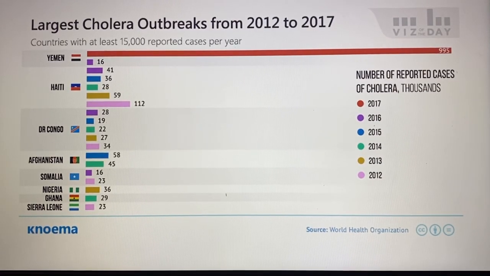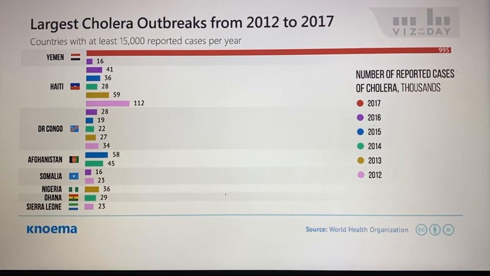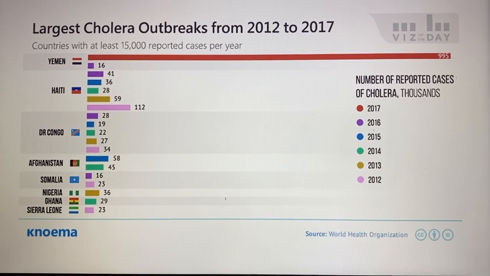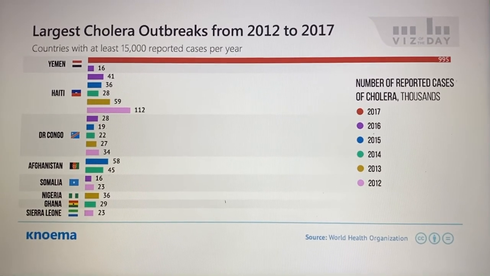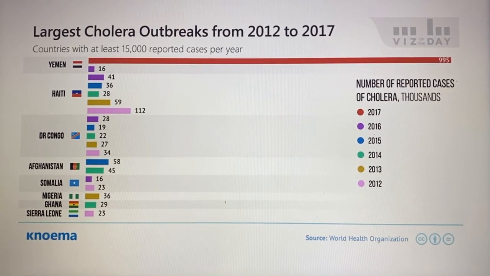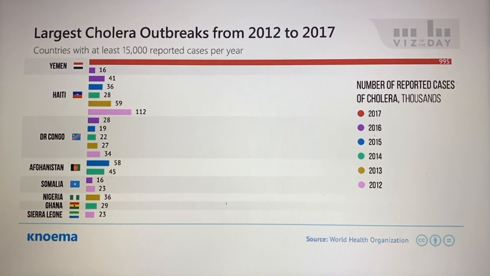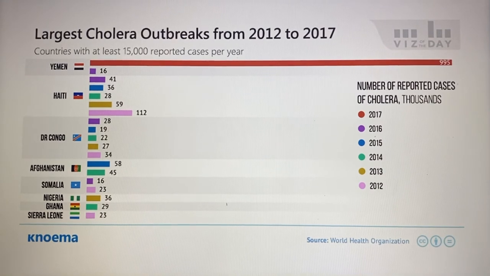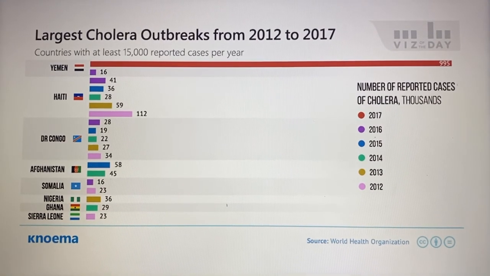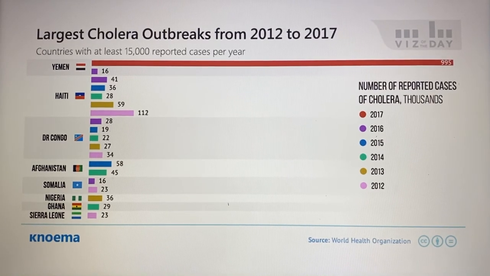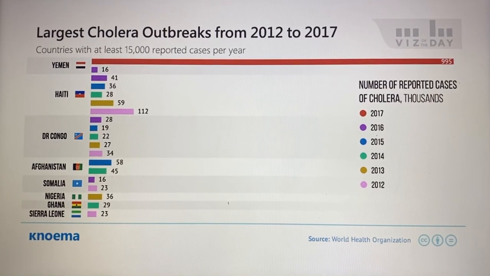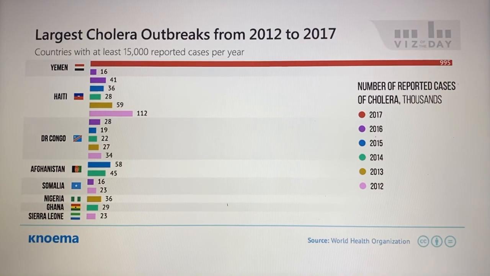So the majority on this chart are countries from the continent of Africa, and we can also see Haiti over there, but the number that was reported the most came from the country of Yemen during the period of 2012 to 2017. So what are the causes of cholera?